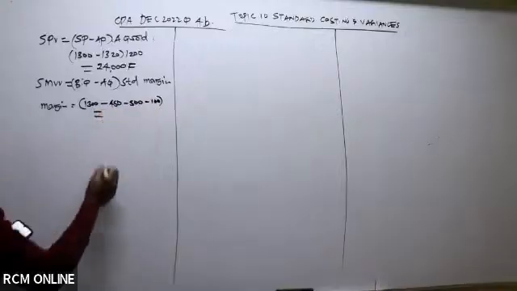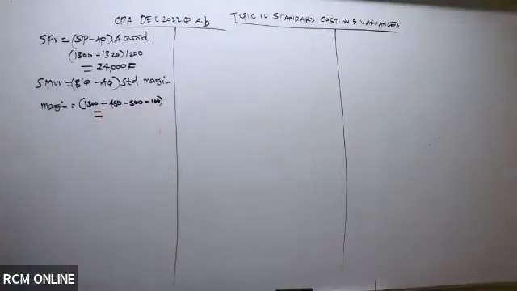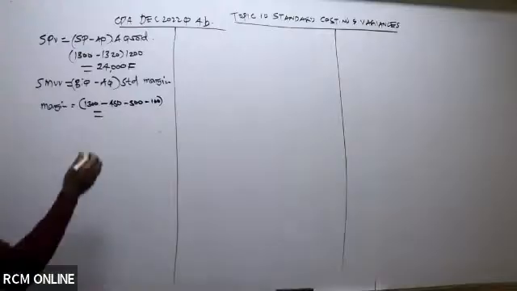So what are you getting as the margin? 1,300 minus 450 minus 500 minus 100. That gives 250, right?